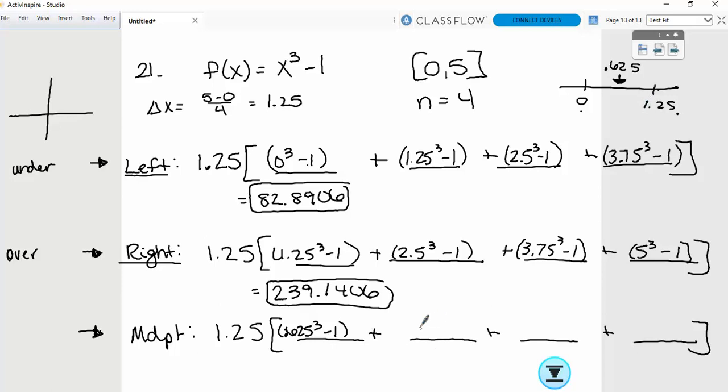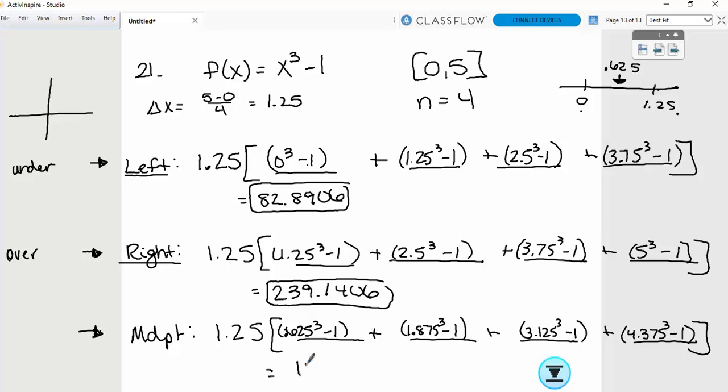So we get 0.625 cubed minus 1. To get the next one, you still add 1.25. So that would be 1.875 cubed minus 1. Add 1.25, so we get 3.125 cubed minus 1.